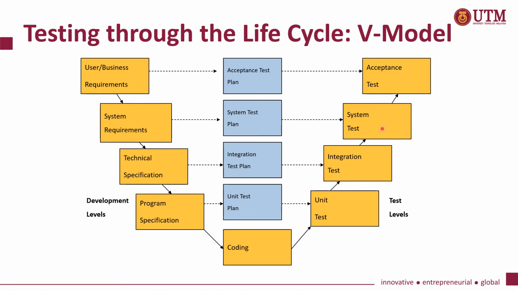The third level is system test, which verifies whether the system as a whole meets the specified requirement. And finally, the acceptance test will check if the system meets the customer requirement as specified in the contract and/or if the system meets user needs and expectation.